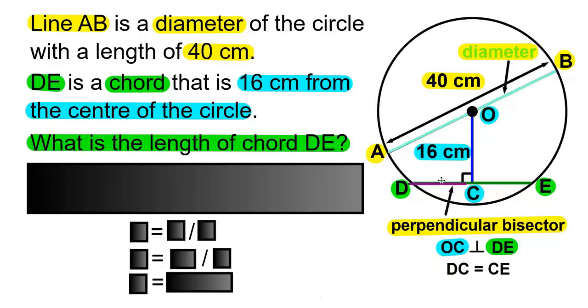And because these lines are perpendicular, DC is going to be equal to CE. Going from the center of the circle to E would make this our radius.